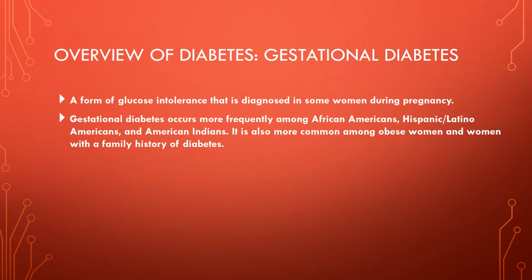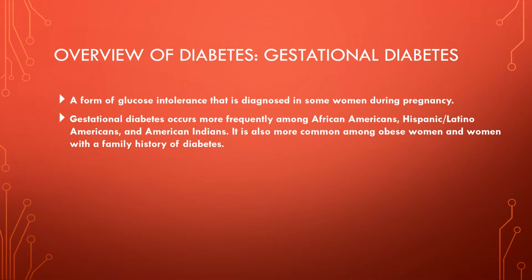All right, the third type of diabetes to mention is called gestational diabetes. And this is a form of diabetes that's diagnosed during pregnancy. It occurs more frequently among African Americans, Hispanic and Latino Americans, and American Indians, so in the same racial and ethnic groups that we see an increased prevalence of type 2 diabetes.